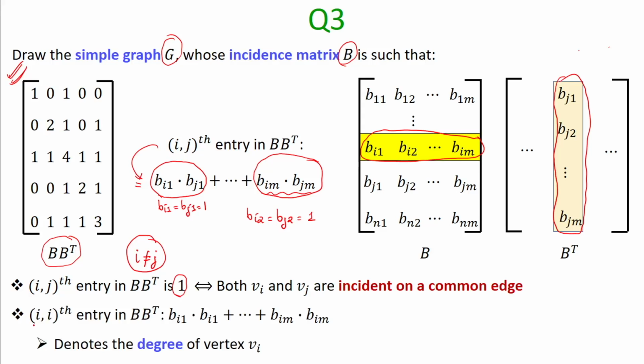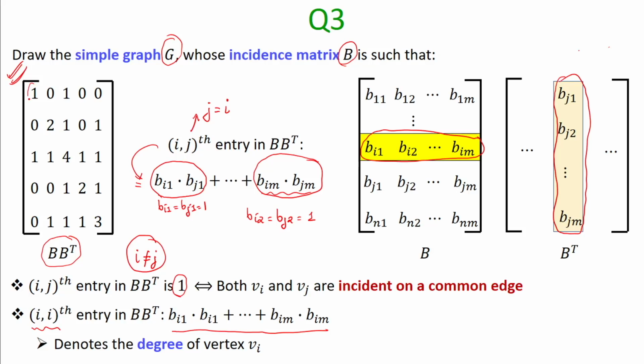And if I take the i comma ith entry, that means if I substitute j equal to i here, then the i comma ith entry in the product matrix will be this expression, and this is nothing but the degree of the vertex vi. So you now have all the information available about the graph G from the product matrix.